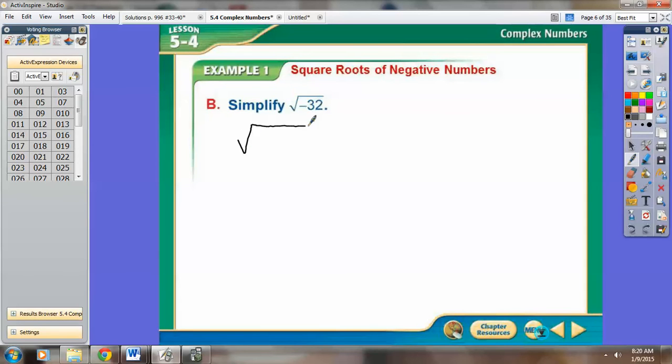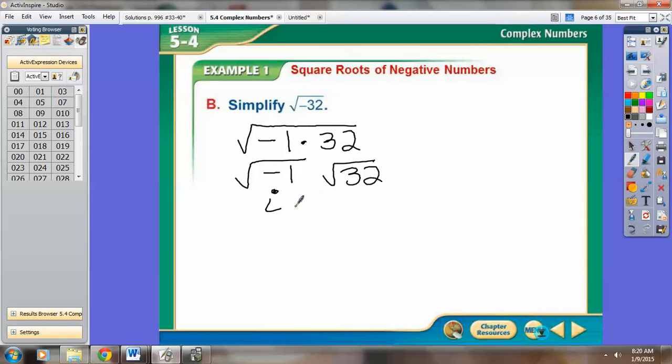So let's use our product property. We know this is negative 1 times 32. We can break this apart and give each number its own square root. The square root of negative 1 is equivalent to i. And 32, I believe, can be broken down. There's a number that goes in that's a perfect square.